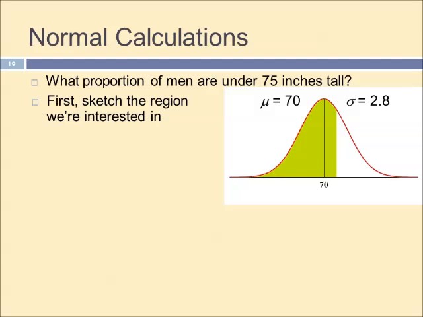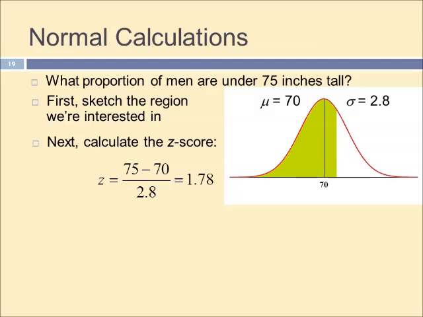Here the mean is 70, the standard deviation is 2.8. We could mark off the horizontal axis in terms of 2.8, but we don't need to. Next, we calculate the z-score. That's the value we're interested in, 75, minus the mean, 70, divided by 2.8. So 1.78 is the z-score.